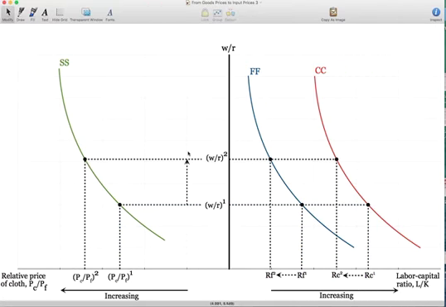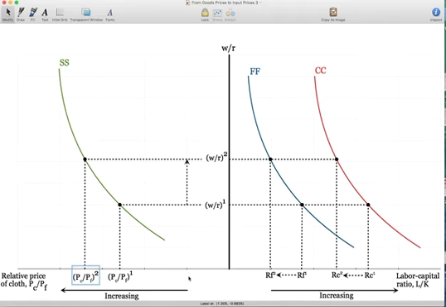So let's assume that we see an increase in the wage slash rental rate of capital ratio. So we move from here to here, and let's take a look at what happens. Well, at that higher wage rate to the rental cost of capital, we end up seeing a higher price ratio for cloth to food. The reason being, as I explained earlier in the video, is that because cloth production is more labor intensive than food production, the impact of those higher wage rates is going to be felt more so on cloth production.